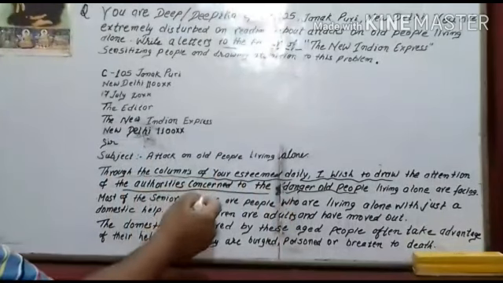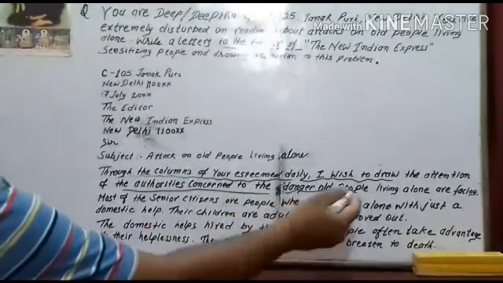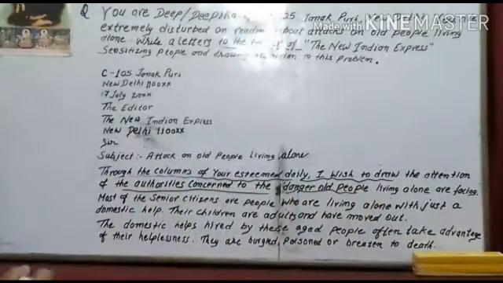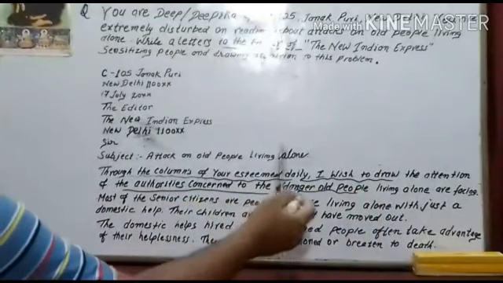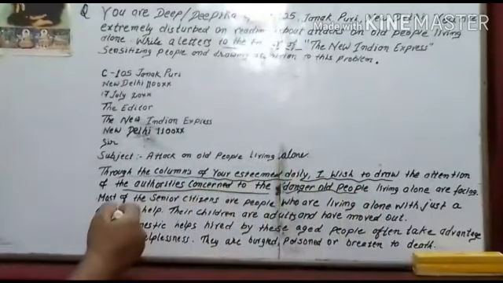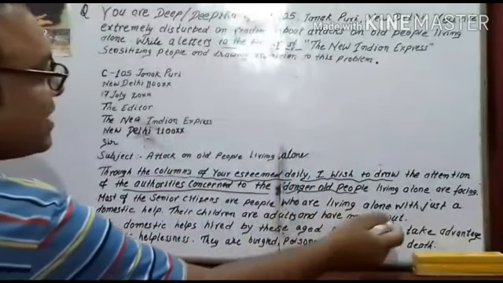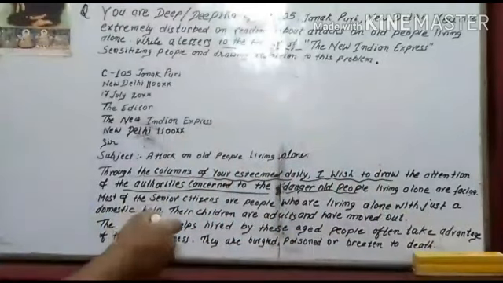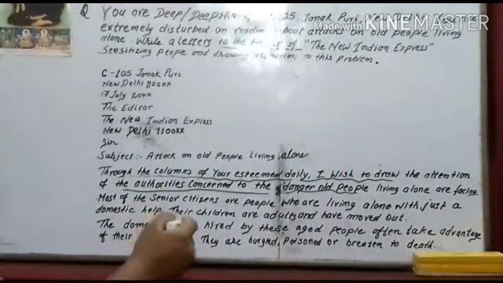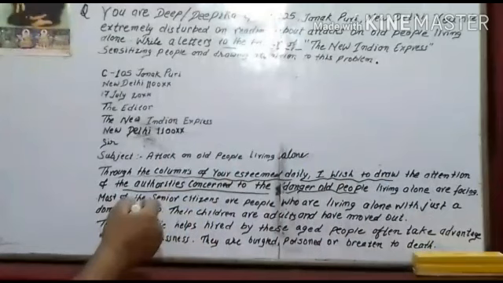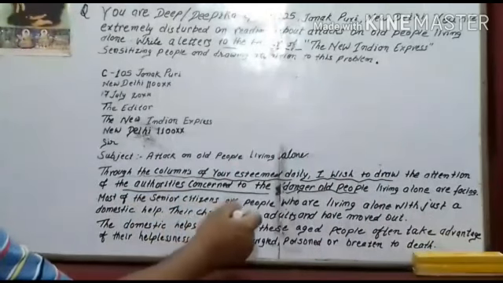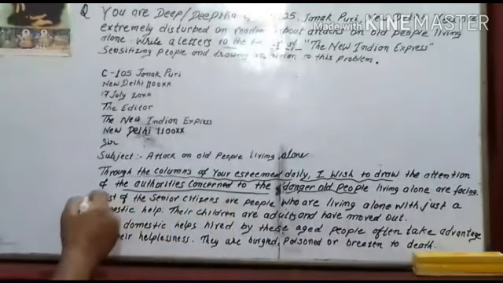Most of the senior citizens are people who are living alone with just domestic help. Their children are adults and have moved out. The domestic helps hired by these aged people often take advantage of their helplessness. So you see that in the second paragraph, I started mentioning details of the matter, the need of writing.